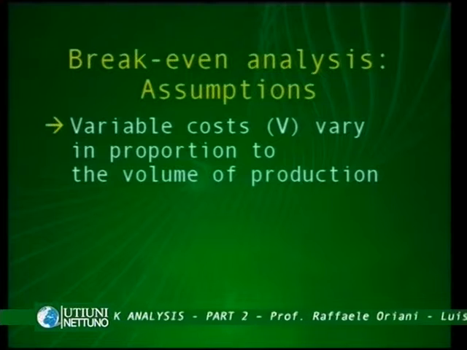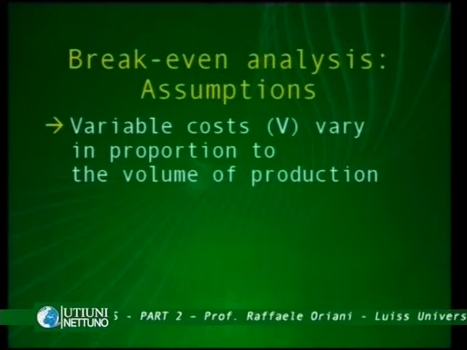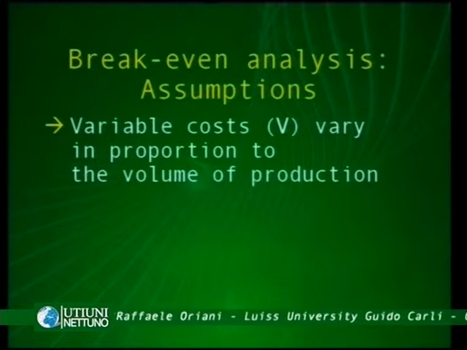Then variable costs vary in proportion to the volume of production. Again, this is by definition. Clearly, if the cost is variable, this means that there is some kind of relationship between the volume of sales and the cost measure. So for example, I could know that for each dollar of revenues, I have a variable cost of 60 cents.